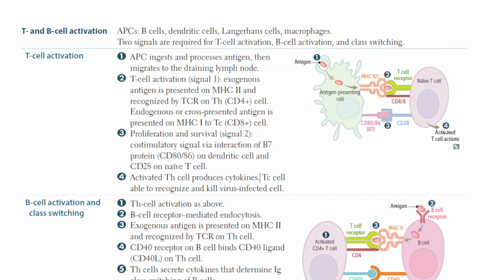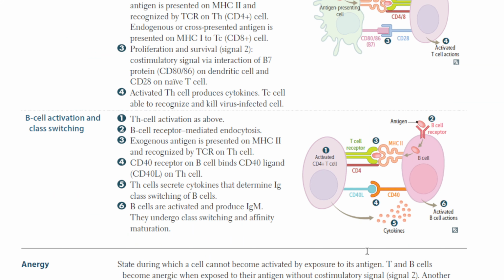As you can read here in the second part, Th cells secrete cytokines that determine immunoglobulin class switching of B cells. In this process, number 5, the cytokines activate the B cells to produce a bunch of immunoglobulins. So B cell activation and class switching mean the production of immunoglobulins.